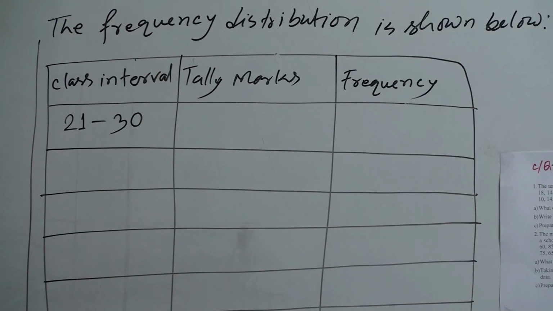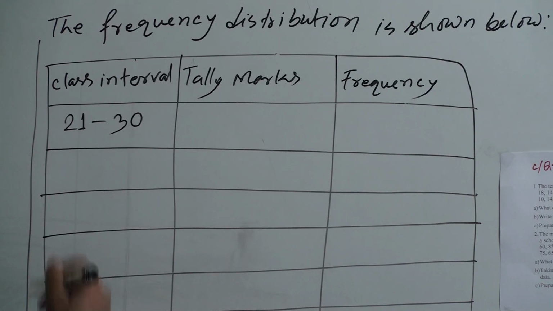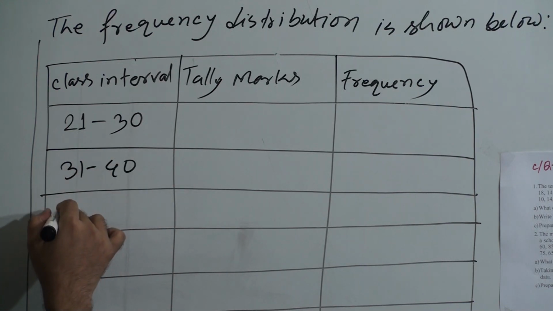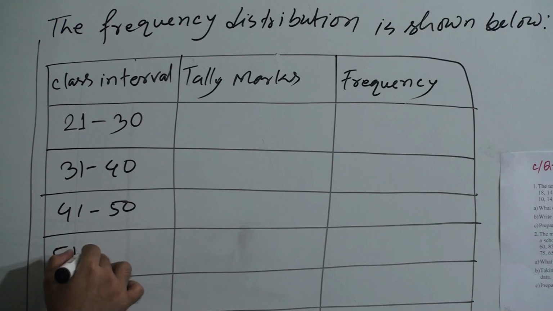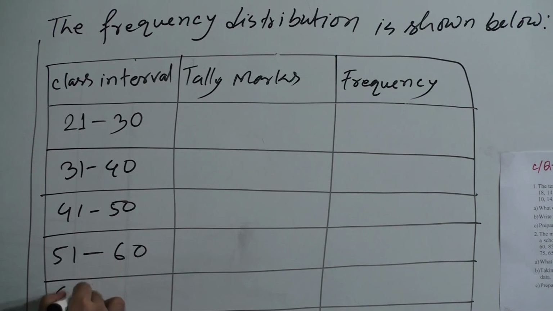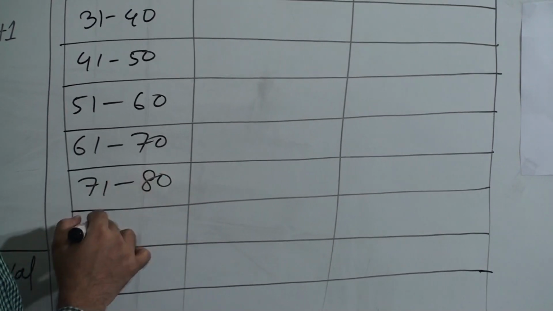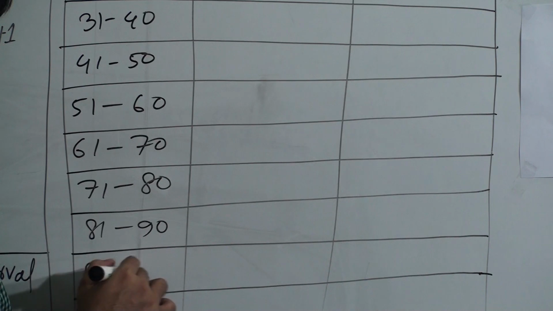From 21 to 30 there are 10 numbers, so this is the first class. In this way we take the second class, 31 to 40, 41 to 50, 51 to 60, 61 to 70, 71 to 80, 81 to 90, and 91 to 100.